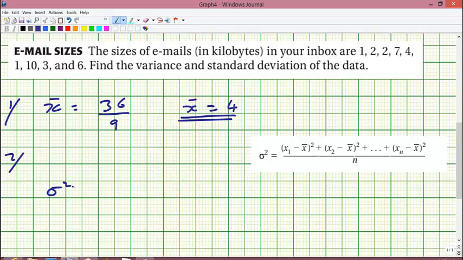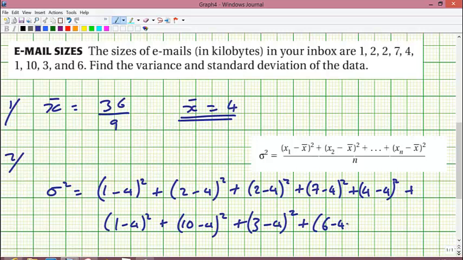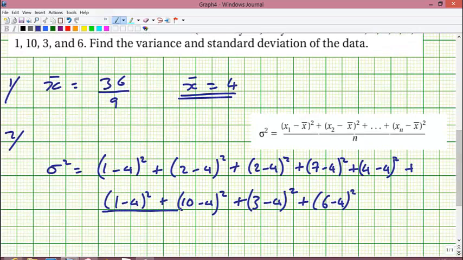So sigma squared equals, we'll do the first point, so it's 1 minus 4 squared plus 2 minus 4 squared plus 6 minus 4 squared, all divided by the number of values, which is 9.